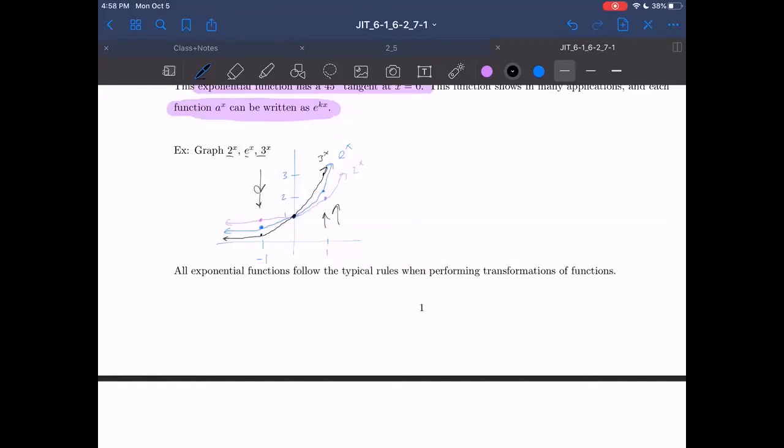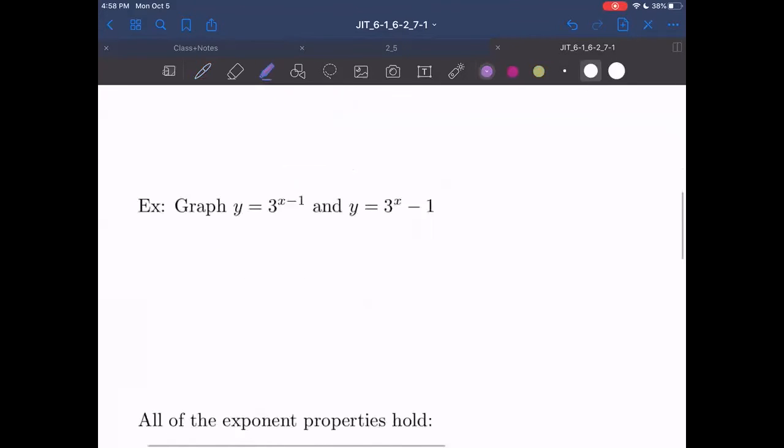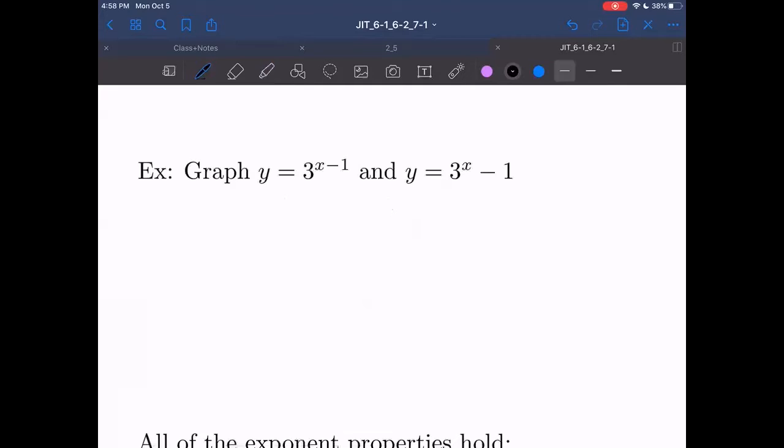Okay, and all the exponential functions follow the typical rules when performing transformations of functions. So, meaning if I'm given these two, 3 to the x minus 1 and 3 to the x, minus 1.